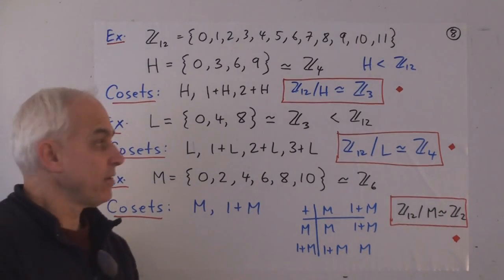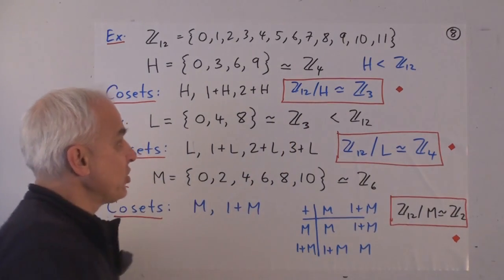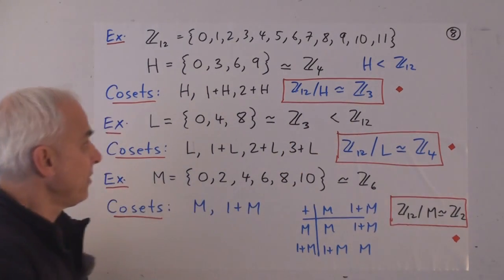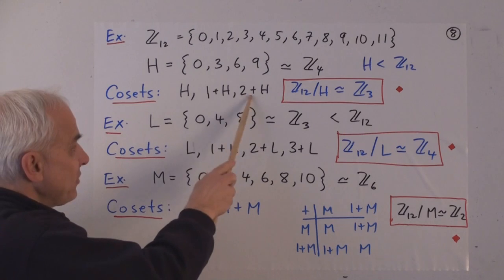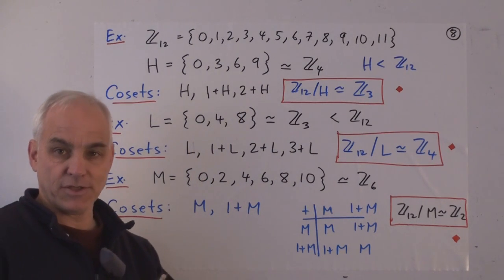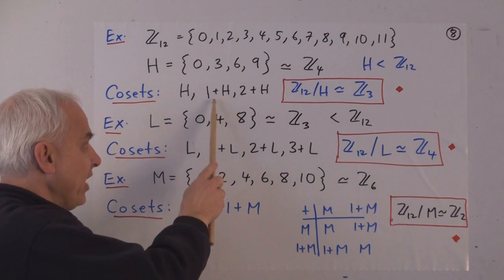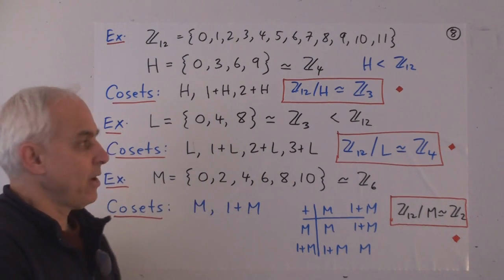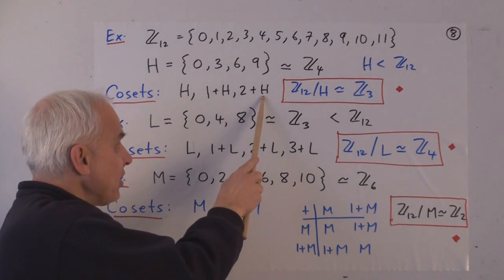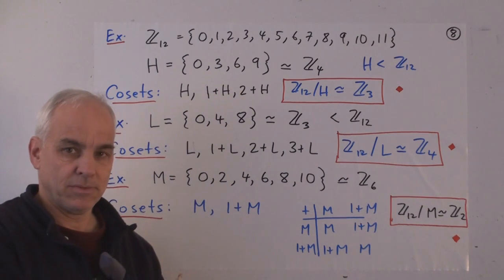And the quotient, Z12 mod H, is again Z3. In fact, the additive structure here is exactly the same as it was in the previous example. So 1 plus H plus 1 plus H is 2 plus H. 1 plus H plus 2 plus H is H, etc.